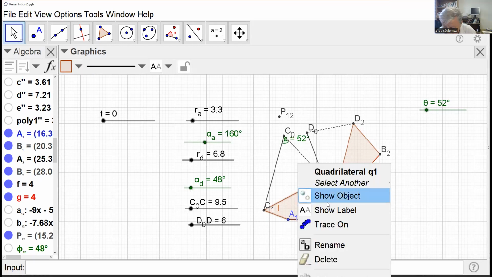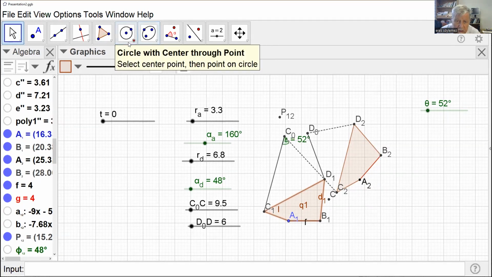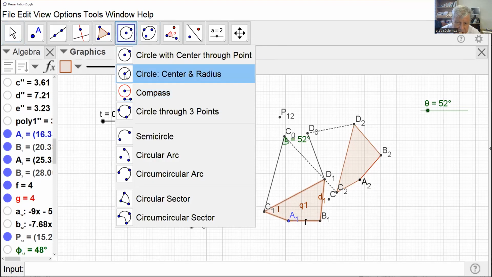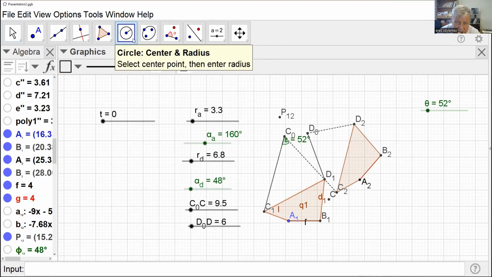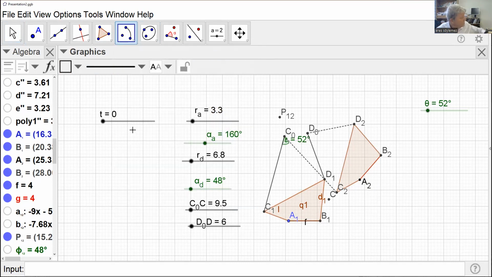I have to get the label. I think it is Q1. I'm not sure. D0 center from D1 to D2, like this.